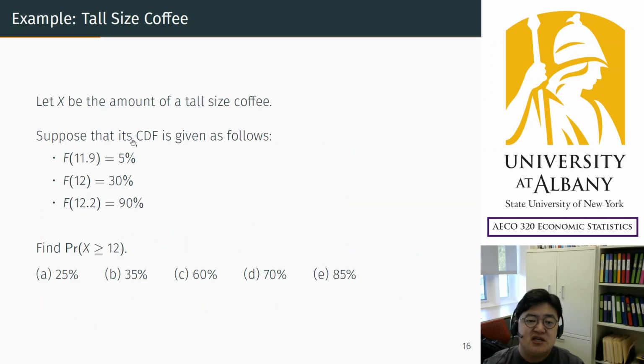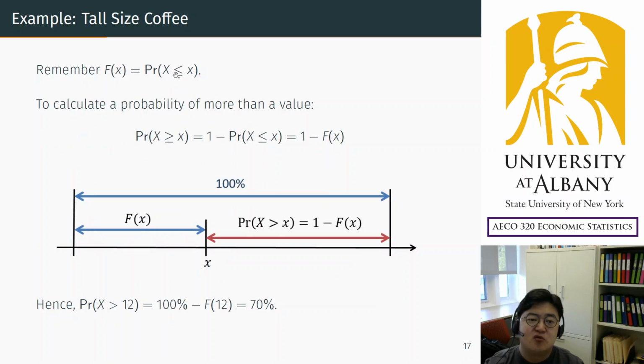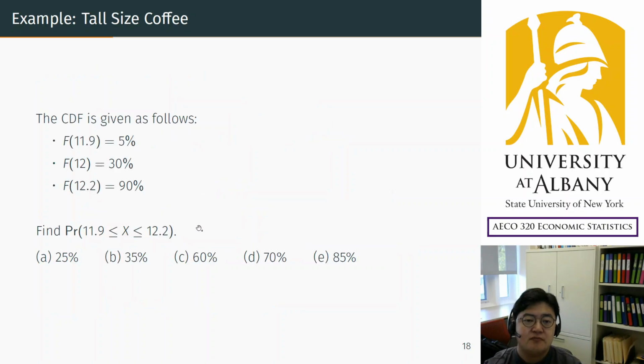So the CDF is defined as smaller than or equal to, but it also tells you the probability of being greater than something. Smaller than something and greater than something are basically the same information. So the CDF tells you about that. And then how about this?